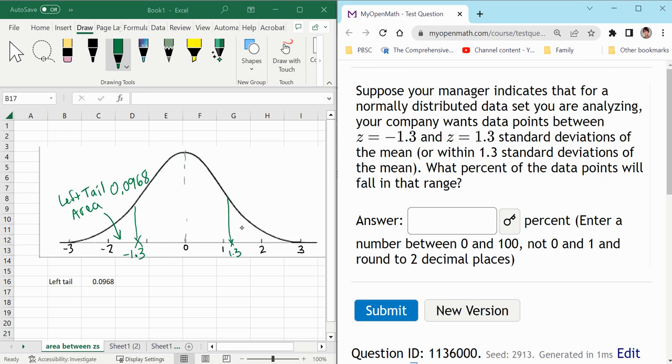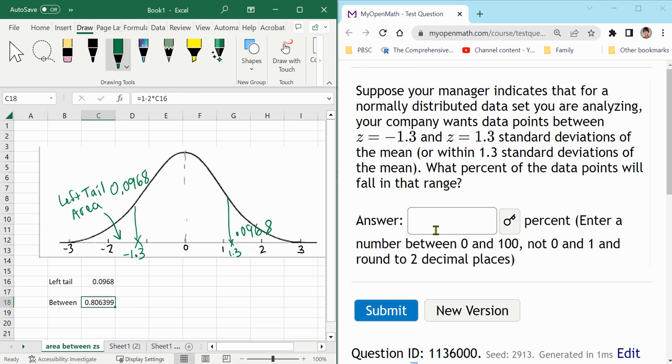So now I know that this right tail area also is 0.0968, which means that the between area would be the total area under the curve minus 2 times that left tail area, or adding them together and then subtracting from 1. Either way, that makes the same result.